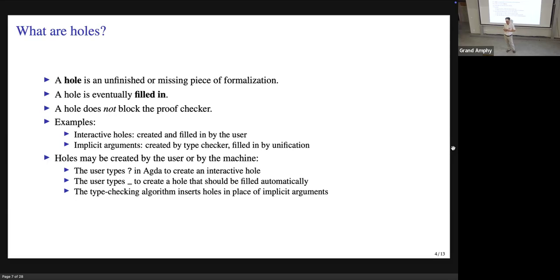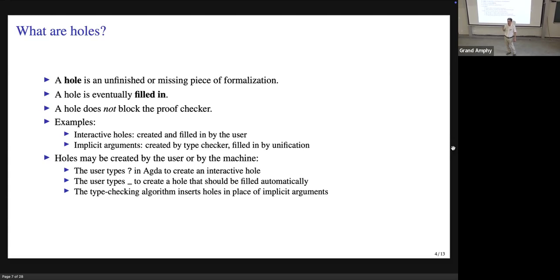So another strategy that would be, to my mind, a little more naive, would be to have some syntactic phase, which says, oh, the symbol F is going to have an implicit argument. So whenever you're parsing F, just stick in a hole. But I think that's going to be less flexible, because that will only enable you to have implicit arguments associated with symbols.